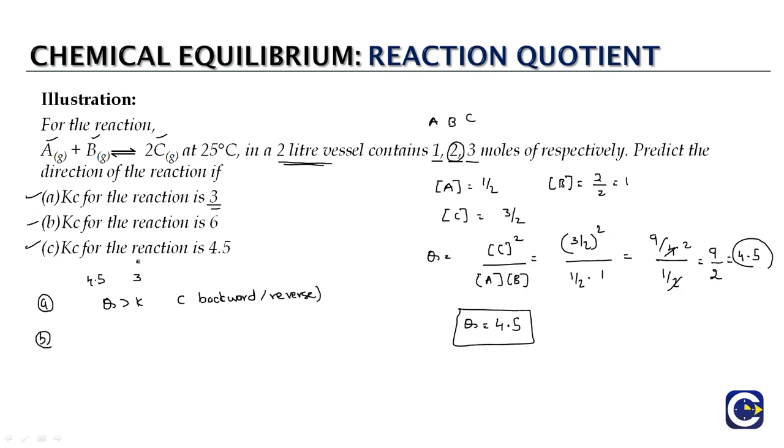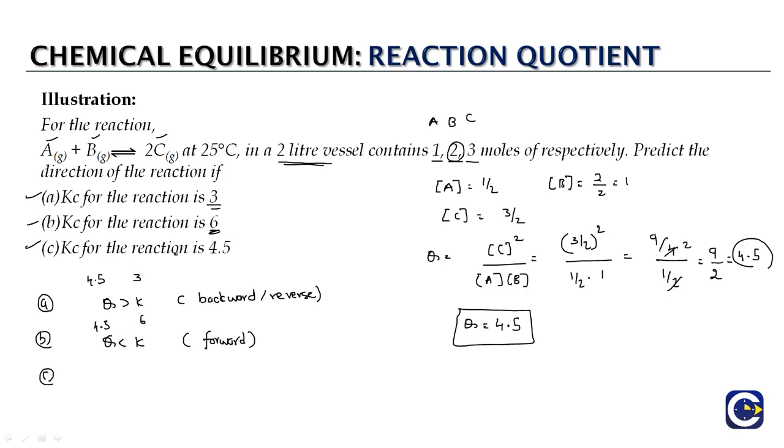Look at the second case. When K is 6, Q is only 4.5. So Q is less than K, because Q is 4.5 and K is 6. Then from that given stage the reaction has to proceed in the forward direction.